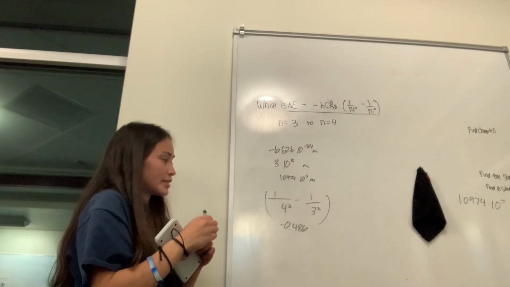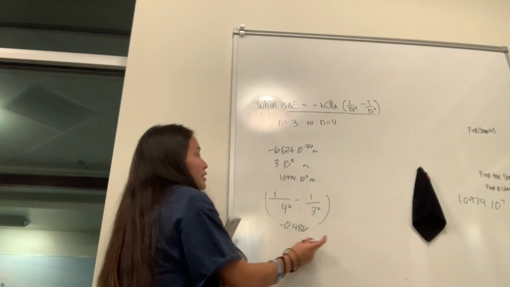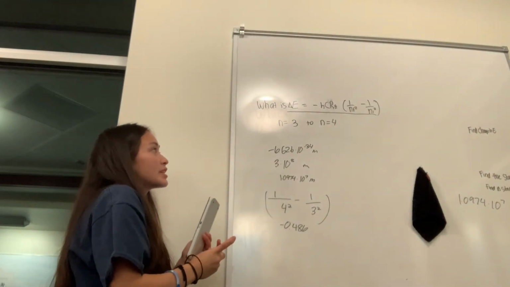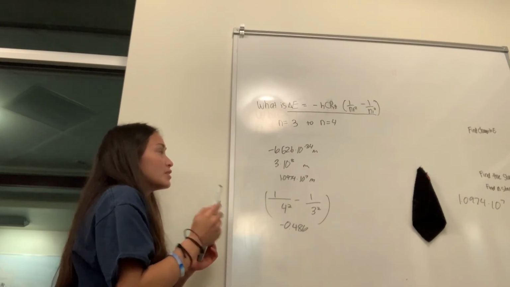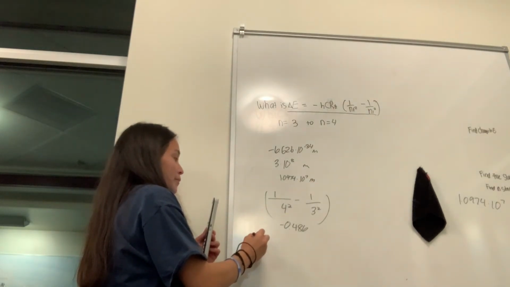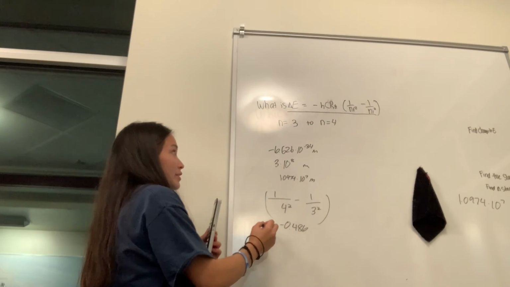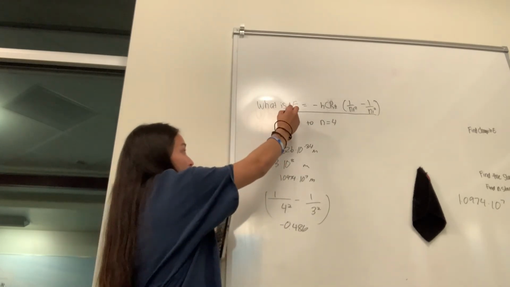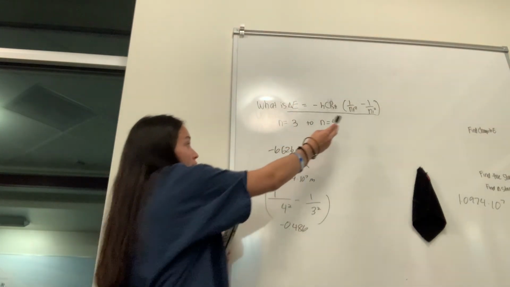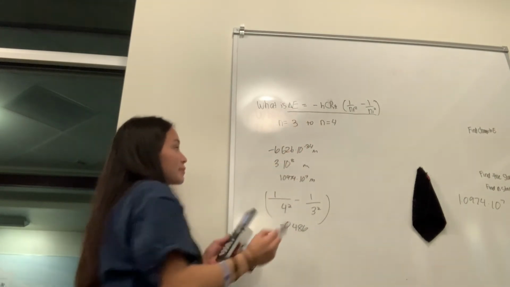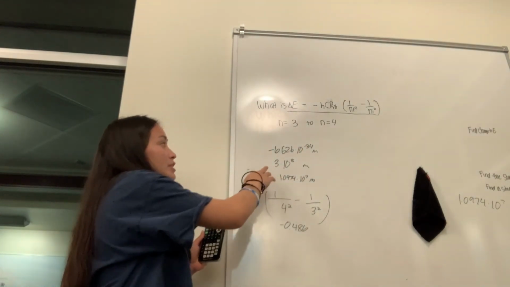Now, does this make sense? We have a negative number in here, and it does make sense because we are going from a lower to a higher energy level state, which means that the change should become positive, and a negative times a negative is positive. So now we just multiply that by each of our constants.